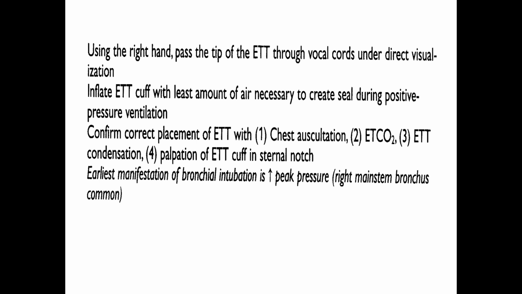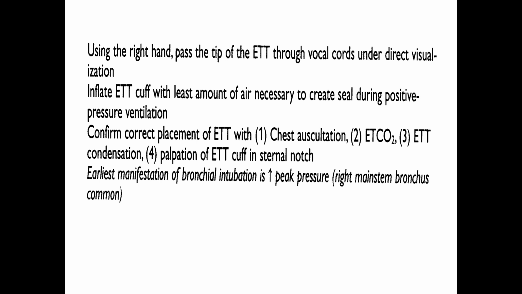We ventilate the patient, we inflate the lung, and we try to hear if there is any leak around the tube cuff. Now confirm the correct place of the endotracheal tube by chest auscultation, by end-tidal CO2, which we mentioned before, and by fogging, which condenses on a transparent endotracheal tube. Also by palpation of the endotracheal tube cuff at the sternal notch.